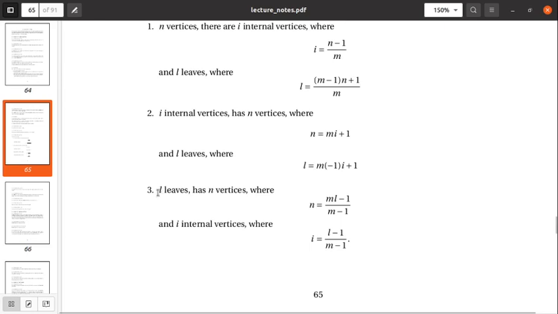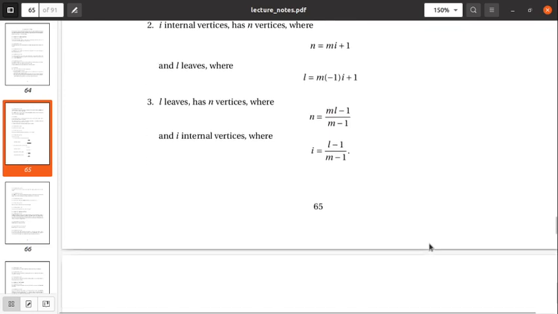And then given leaves and total number of vertices, then we can find this relationship between the total number of vertices, the m times L minus 1 divided by m minus 1, and then compute the number of internal vertices using this formula, L minus 1 over m minus 1. Okay.